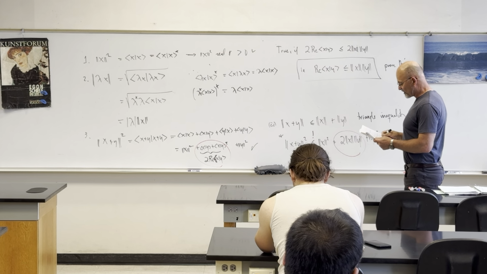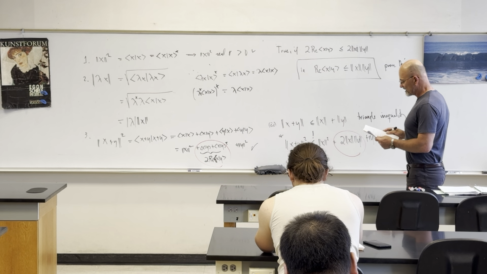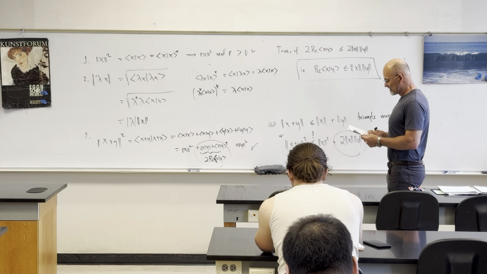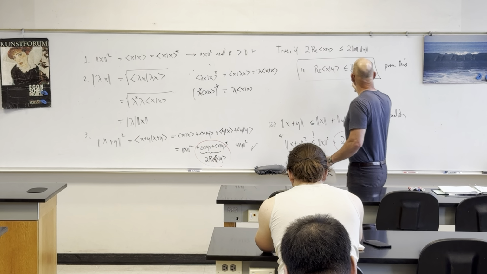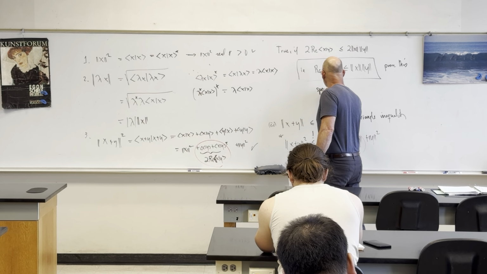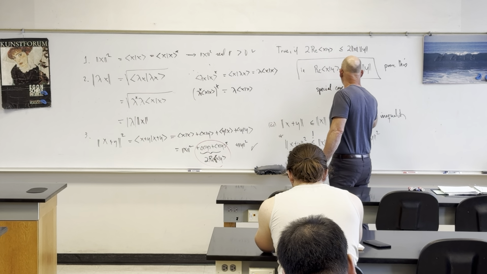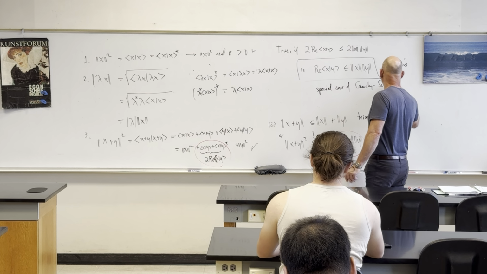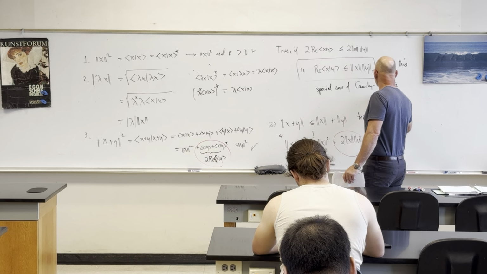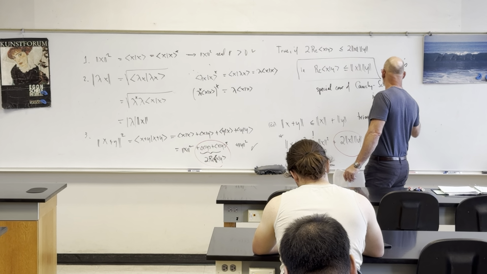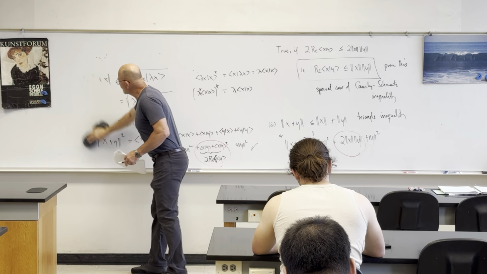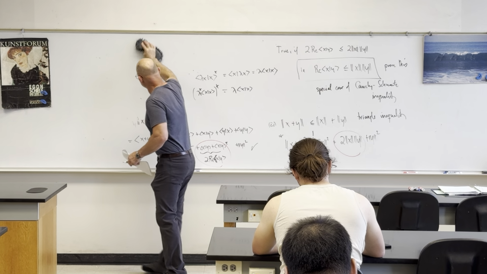That takes a separate proof, but I'm going to give that in a second here. Yeah. That's a special case of the Cauchy-Schwarz inequality. So I'm going to do the Cauchy-Schwarz, and then we'll apply this stuff.